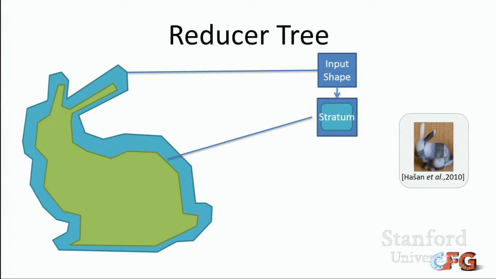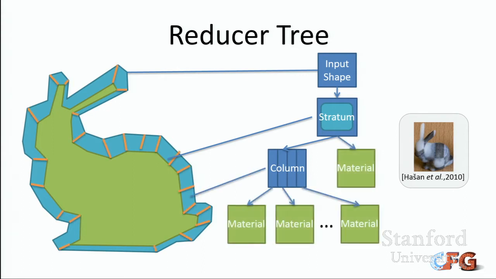In this case, we take an input geometry and subdivide it using the stratum node. Then we take the outer shell and subdivide it using the column node. Then we assign one material node to the internal surface of the stratum node, and this is just one bulk material. And then finally, we pick layered materials for each of the nodes in the columns.